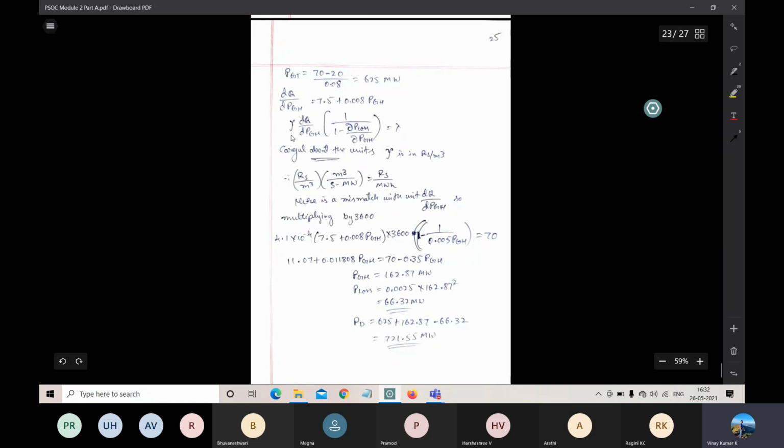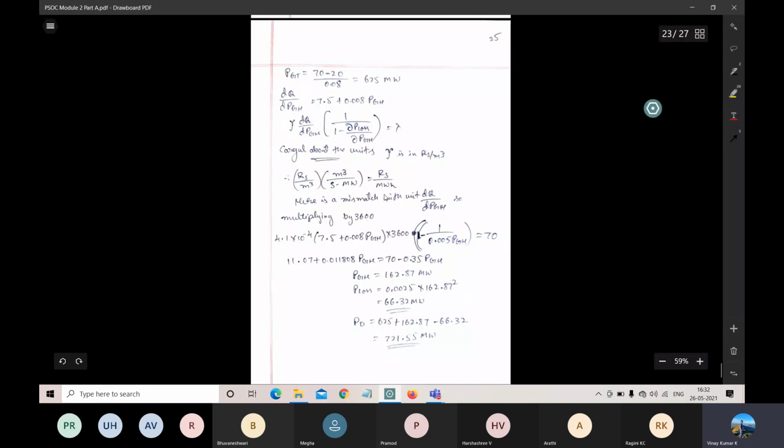The gamma value is given in rupees per meter cube, lambda is given, and dQ by dPGH will be meter cube per megawatt. If you solve this, you will get rupees per megawatt hour.